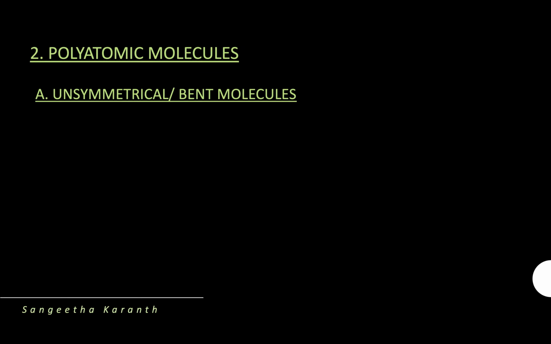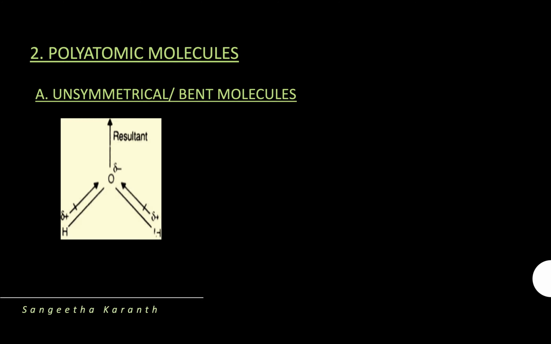Next, coming on to polyatomic molecules. How will the dipole moment vary in the case of polyatomic molecules? The first case is unsymmetrical or bent molecules. Let us take the example of water. Here, if you can see, oxygen is bonded with two hydrogens.